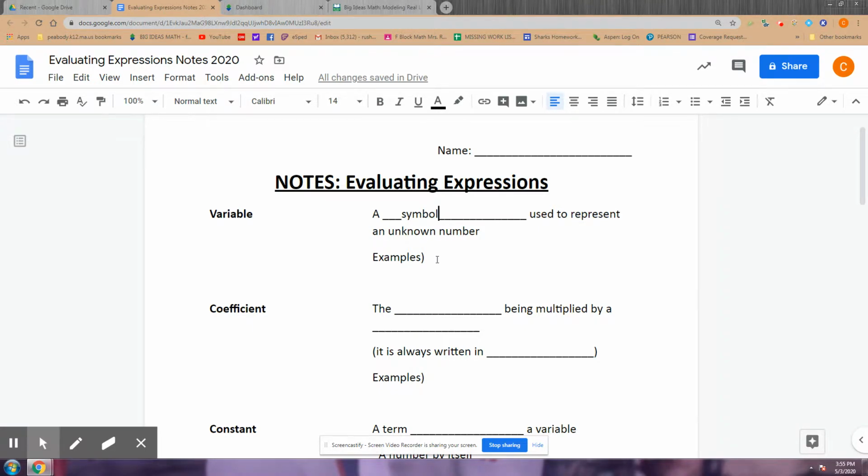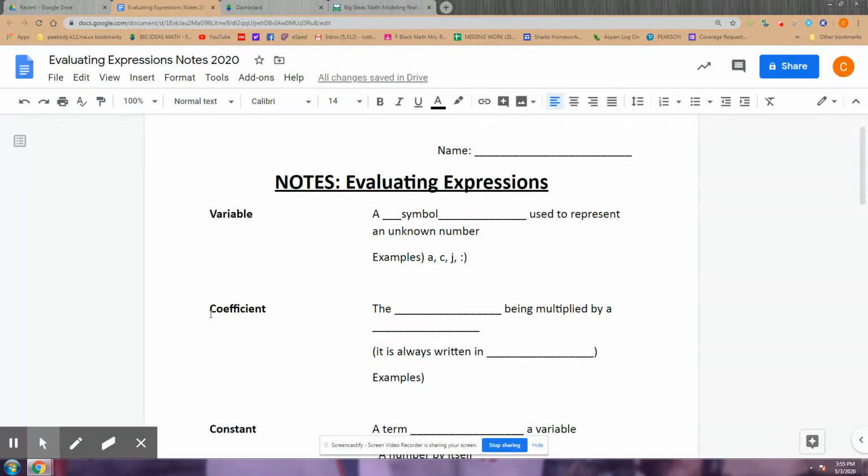So an example of a variable could be any letter in the alphabet. It could be A, C, J. It can also be a little symbol like a smiley face or a heart. But usually it's going to be a letter. A variable is usually a letter in the alphabet that's going to represent some number we don't know yet.